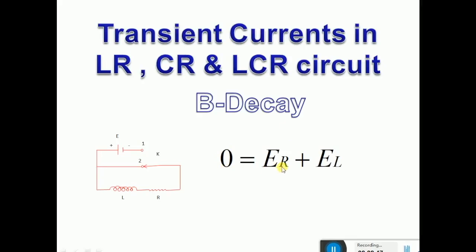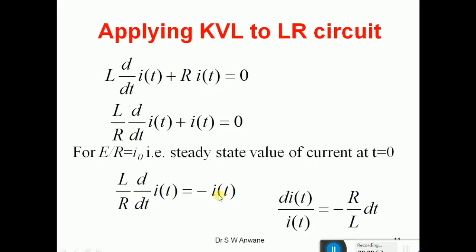This is the potential across R, and this is the induced EMF across the inductor. So this induced EMF will collapse through the resistance R. The differential equation of the circuit is L into the first order time derivative of I of t plus R into I, that is by Ohm's law, equal to 0.